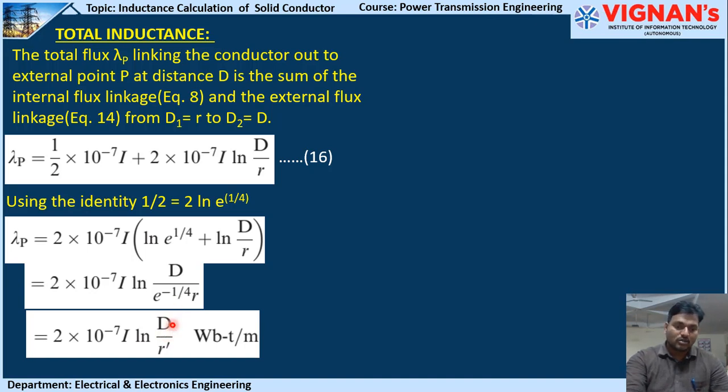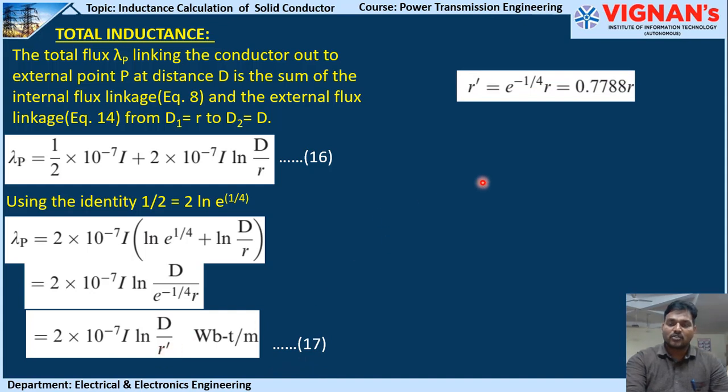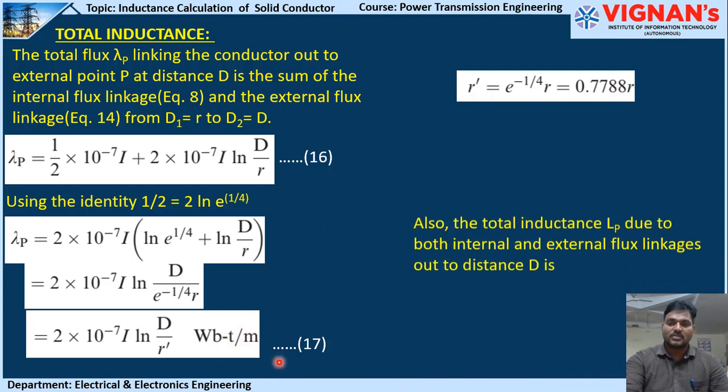e power minus 1 by 4 is nothing but 0.7788. So e power minus 1 by 4 into r is taken as r dash, that is 0.7788 r. That is the value of r dash in equation number 17.